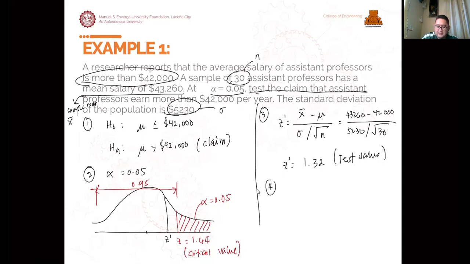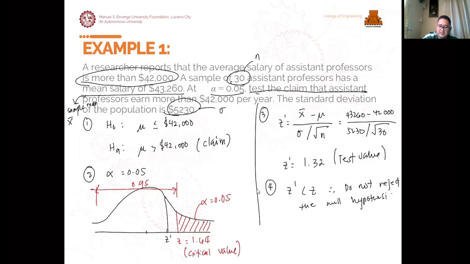So, since yung test value natin is less than dun sa critical value natin, kasi ano bang ibig sabihin? Itong hindi shaded part na 'to, yung walang shade na part, ito yung do not reject part natin, no? Tapos itong shaded part natin, ito yung rejection region natin. So kung wala siya dun sa may shaded part, therefore, do not reject yung null hypothesis natin.